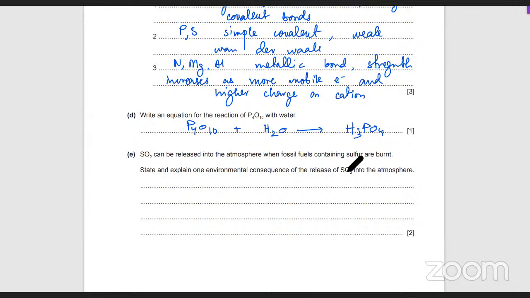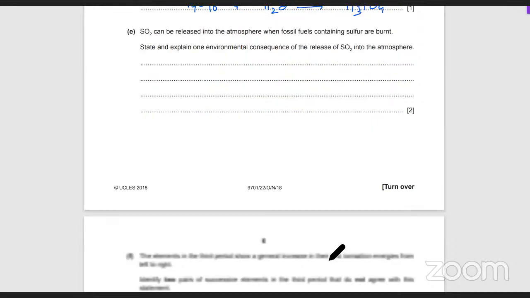Then explain the consequences. It decreases the pH of soils and lakes and rivers. So it decreases the pH of the soil.